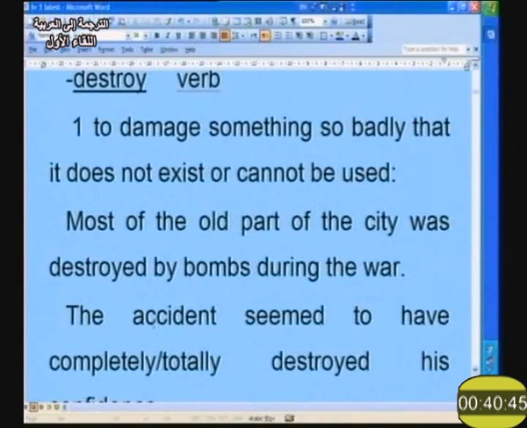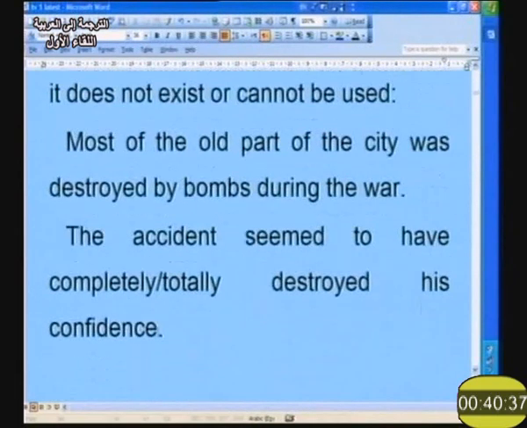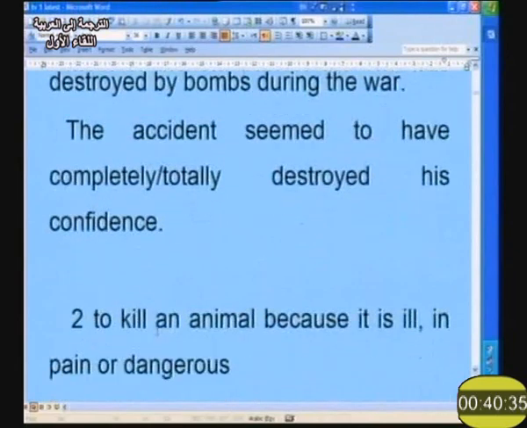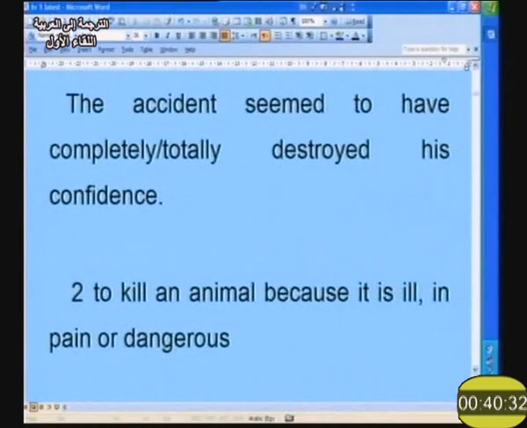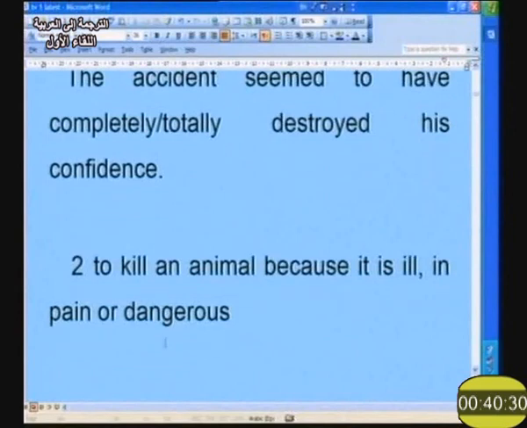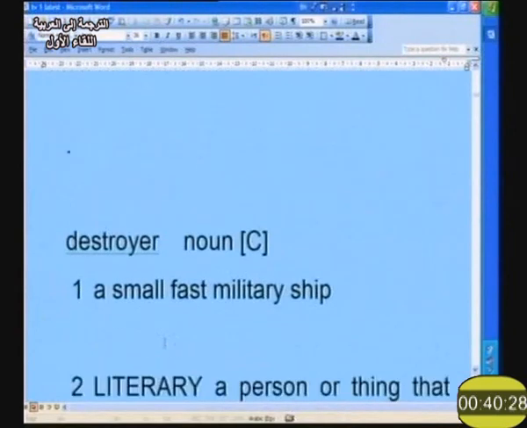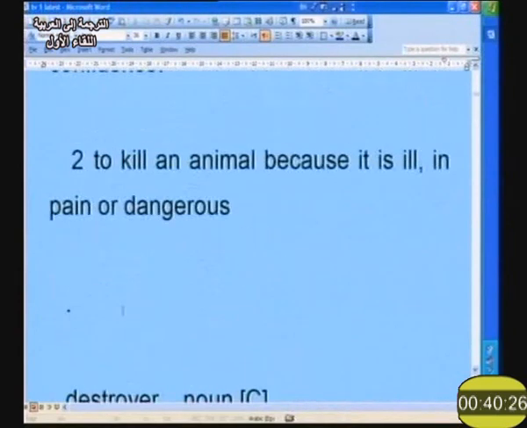Most of the old part of the city was destroyed by bombs during the war. The accident seemed to have totally destroyed his confidence. It also means to kill an animal because it's ill, in pain, or dangerous. This is the verb destroy.